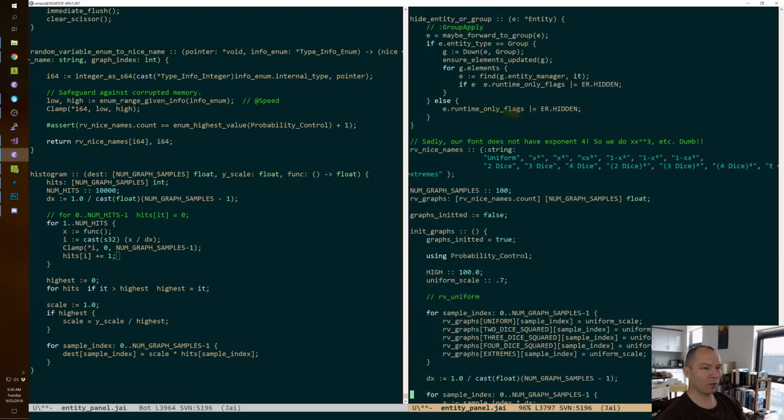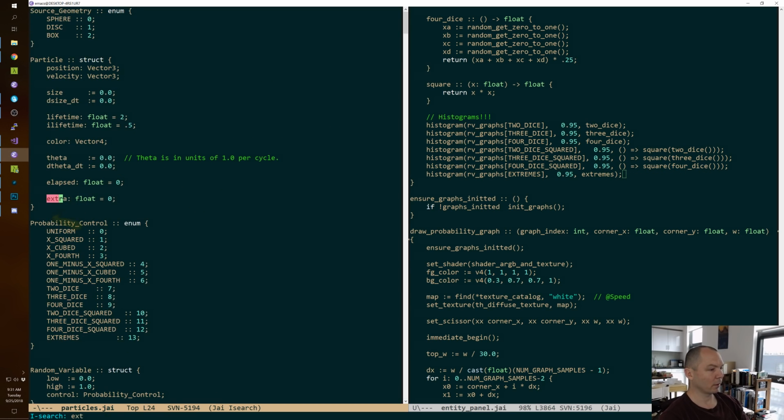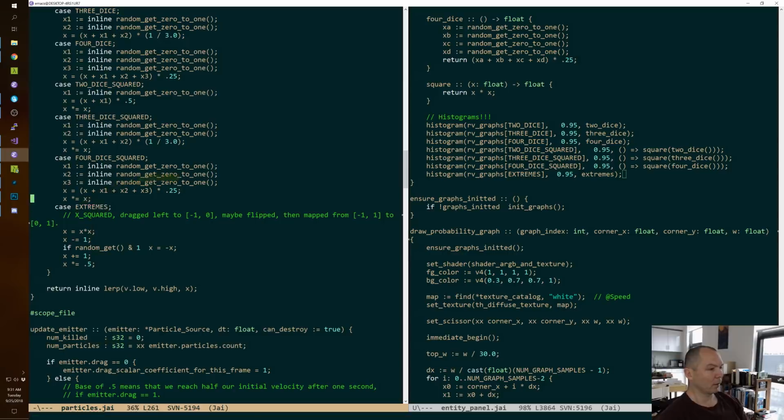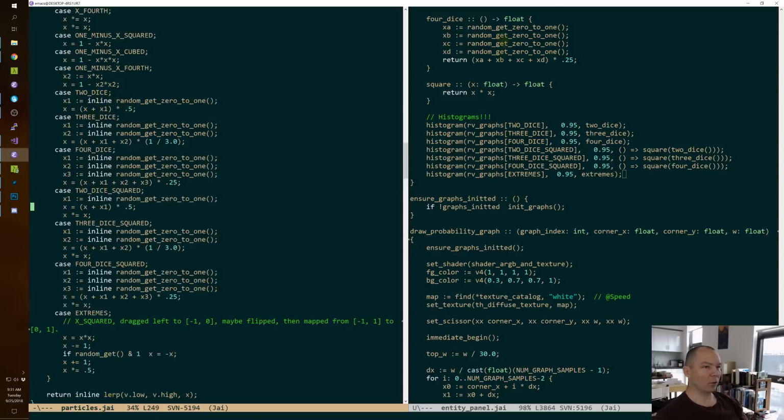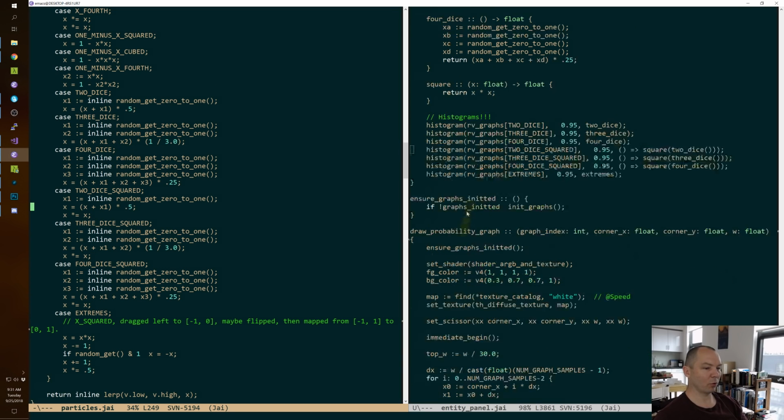Okay, so extremes. I don't even remember what that is. Now, to be especially good, we would define these somewhere common and then inline them from here so that we're sure they're the same functions. But for now, we're not going to do that.